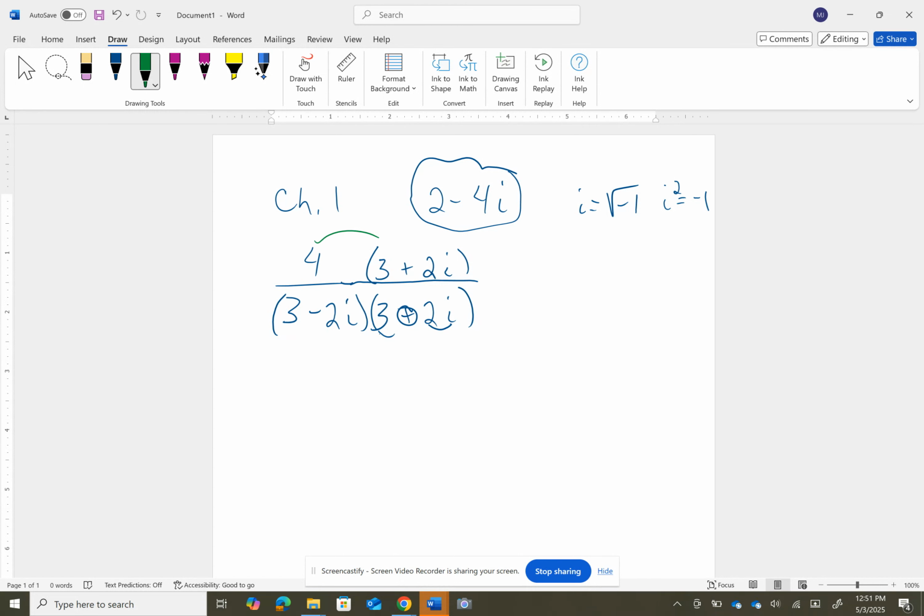So when we distribute the 4 on top, we'll have 12 plus 8i on top. In the denominator, we have two binomials, so we're going to FOIL that out. We're going to get 9 plus 6i, and then we have to distribute the -2i to both.